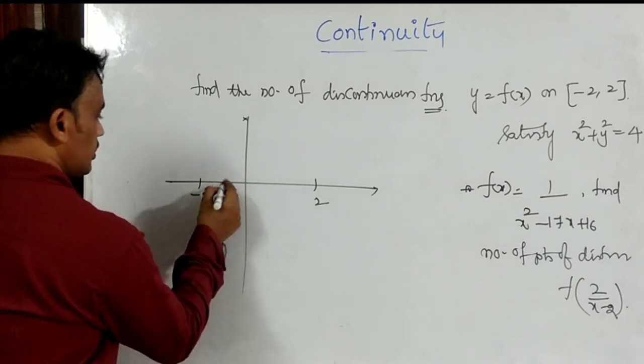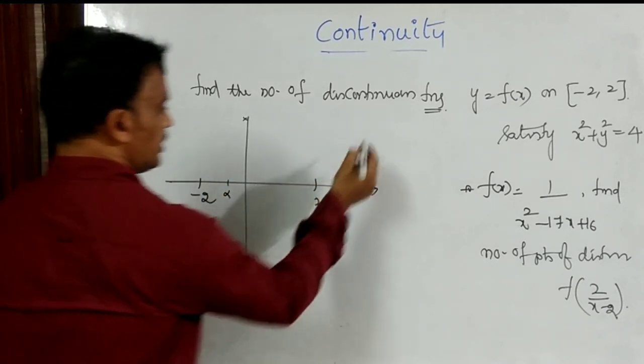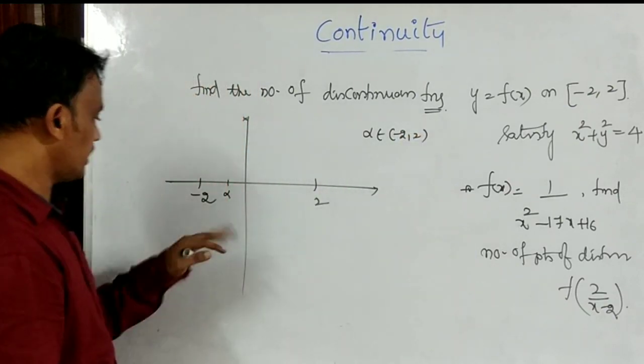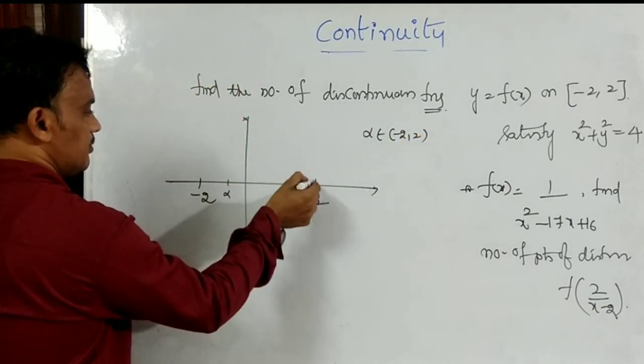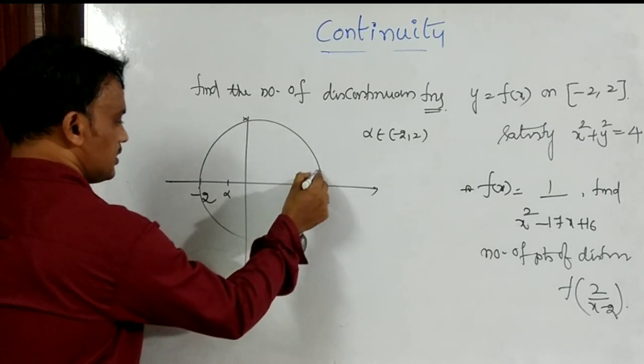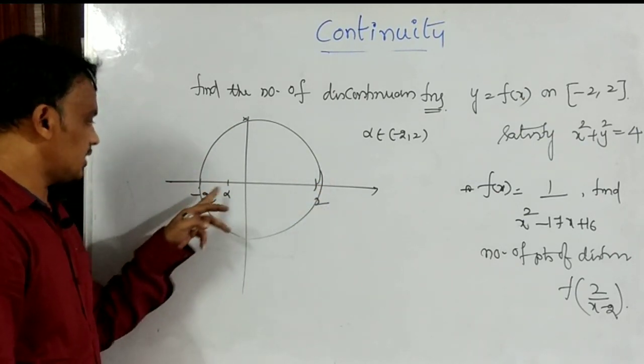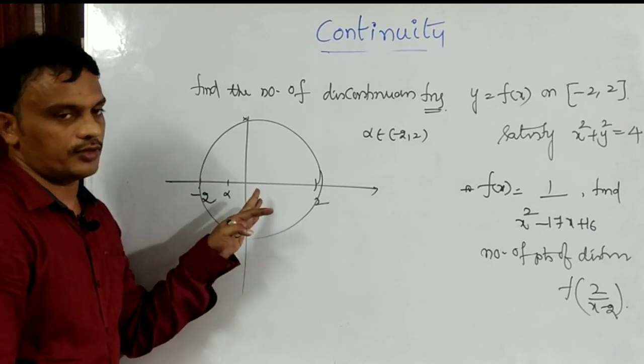Let us take one point alpha in the interval, alpha belongs to minus 2 to plus 2. Now can I define it like this? When alpha is in that interval, I take one value.